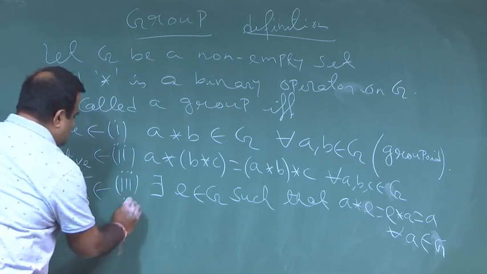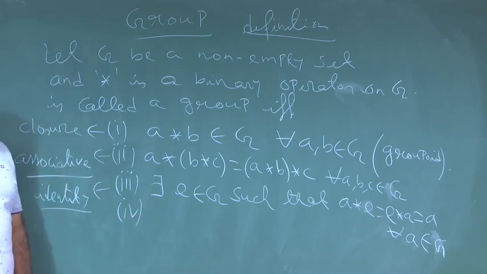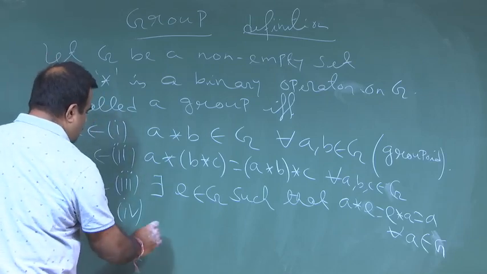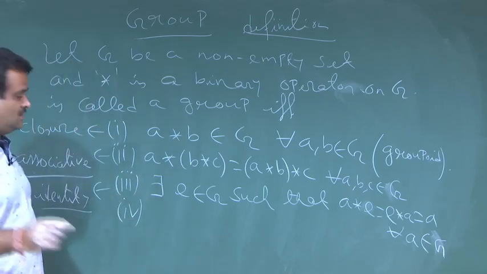And the last one is the existence of inverse. So, every element has an inverse.